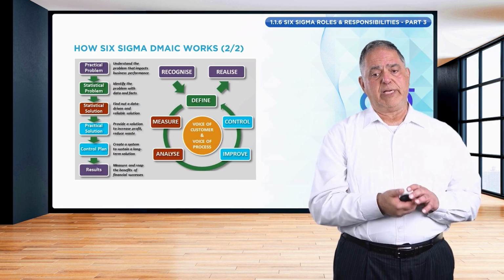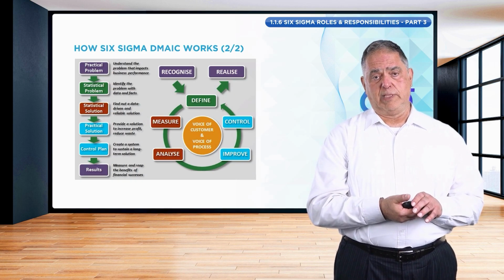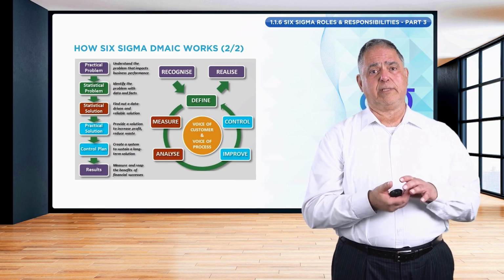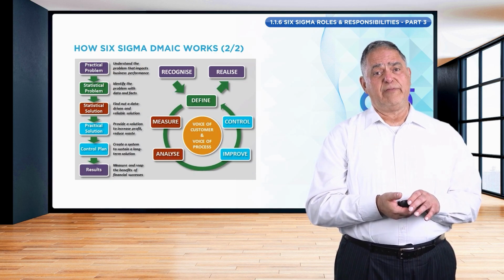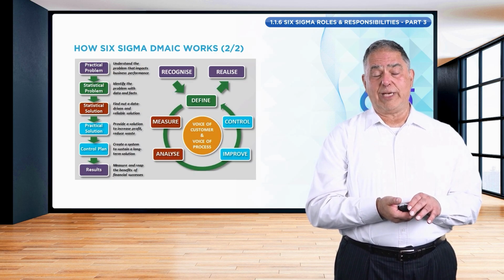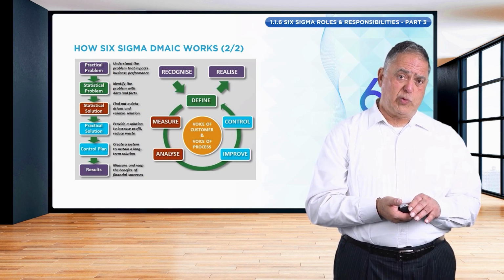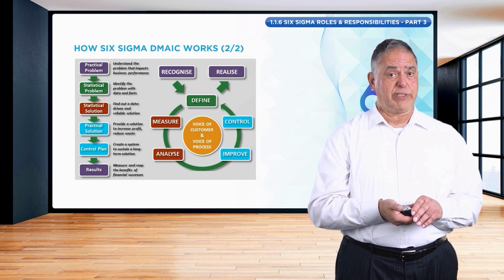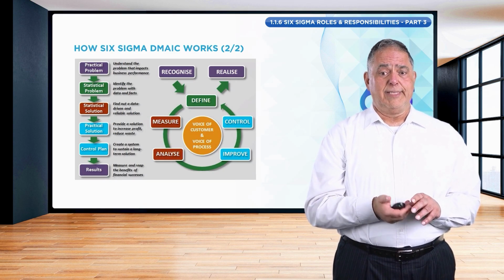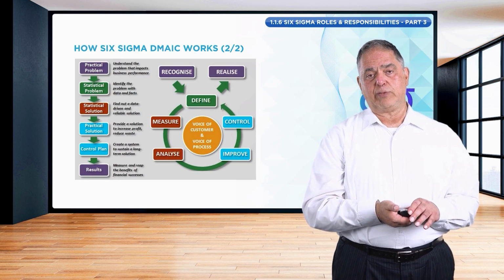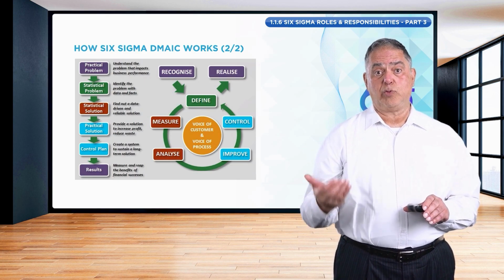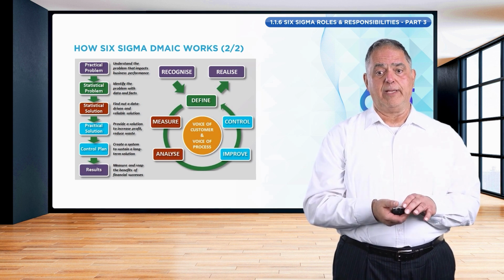During the improve phase, we brainstorm using as a basis the list of validated root causes in order to identify solutions that either will eliminate these root causes or at least reduce them to an acceptable level. And during the improve phase, this is the first time that we make actual process changes.